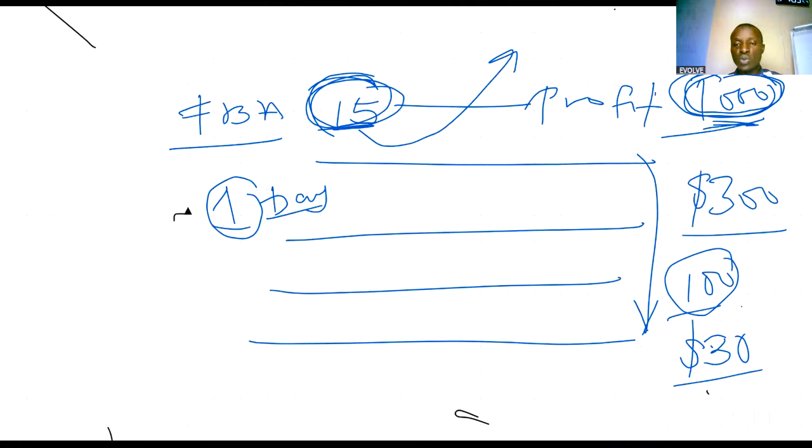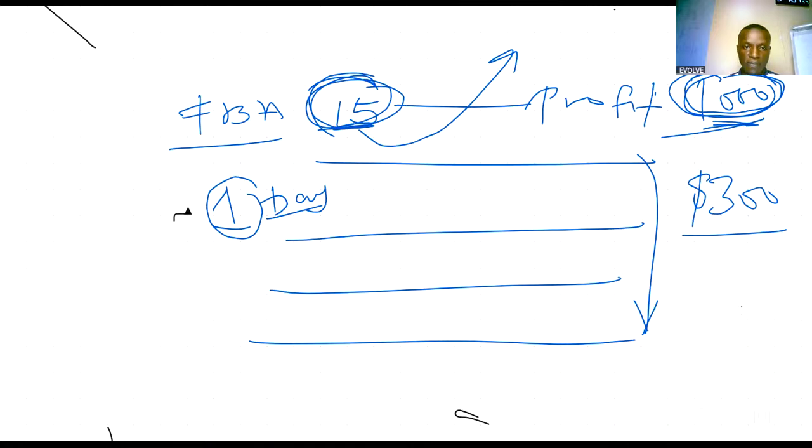So this is what you do. Let's stick to the one of $1,000 to bring out our calculation very well. You are going to decide in the first buying amount, I'm going to enter the market. I will be entering the market with how much?